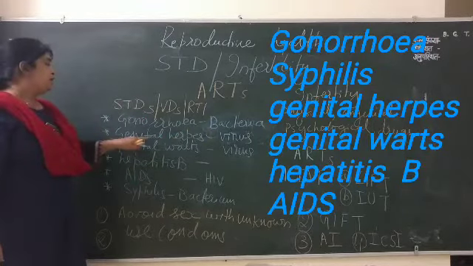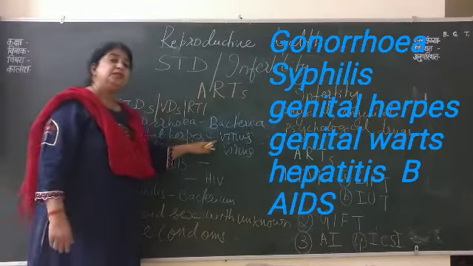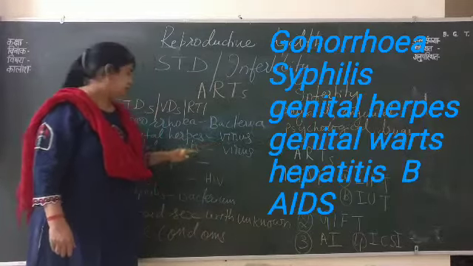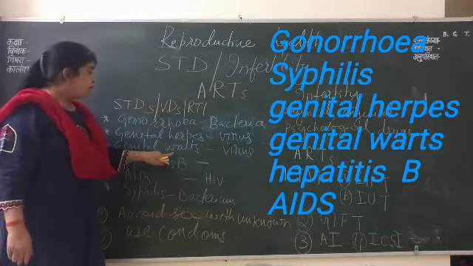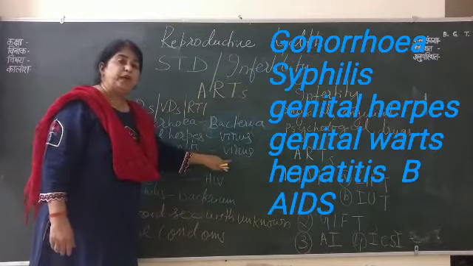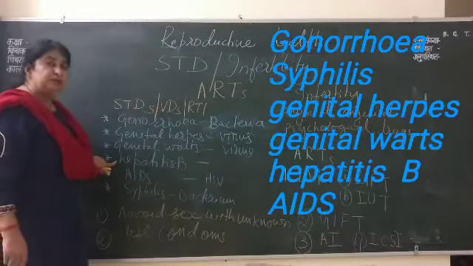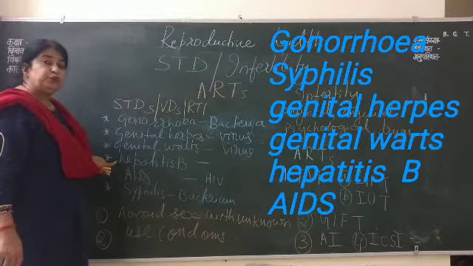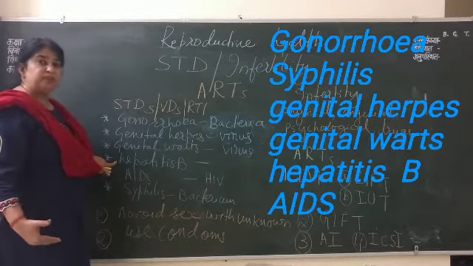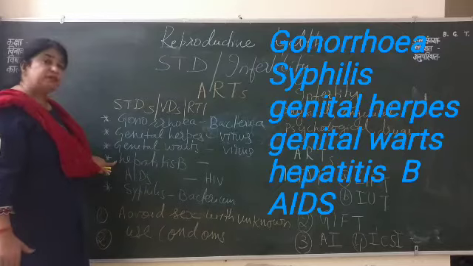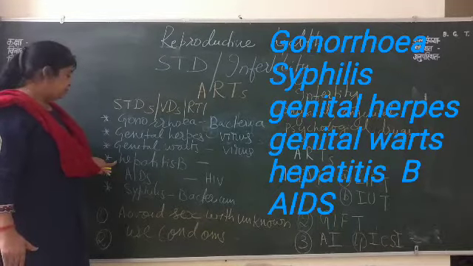Another is genital herpes. It is a viral disease. Genital warts is also a viral disease. Hepatitis B is there, and through unprotected oral sex or sex, this disease is transmitted.